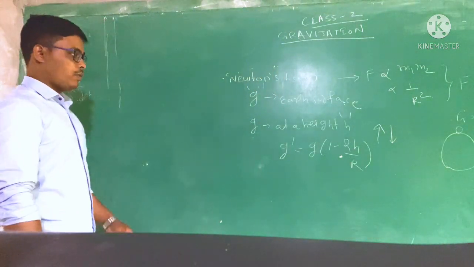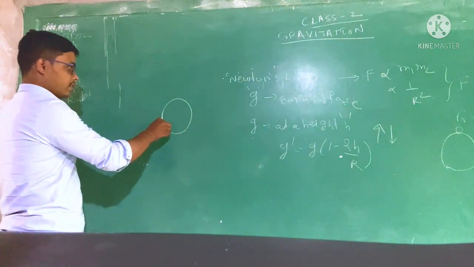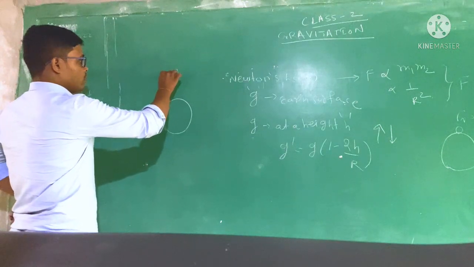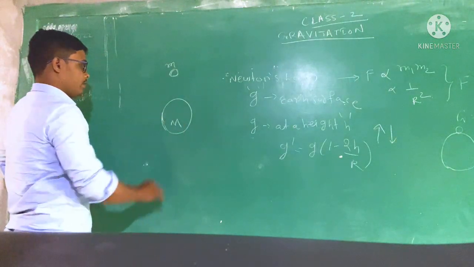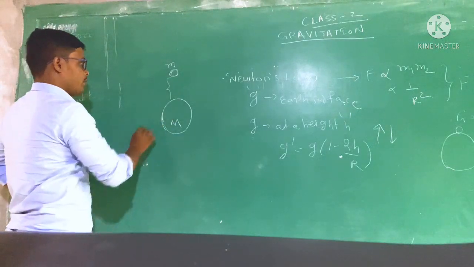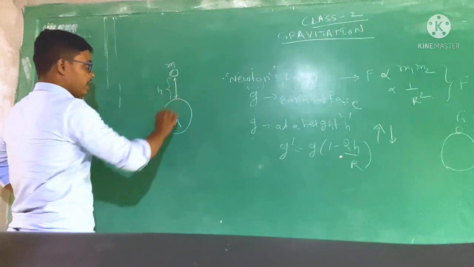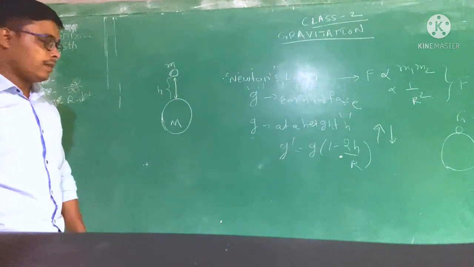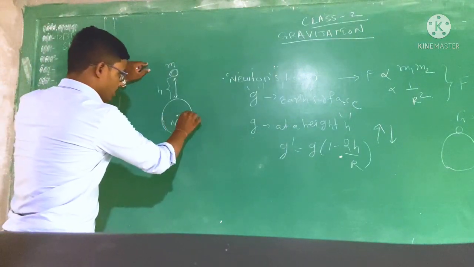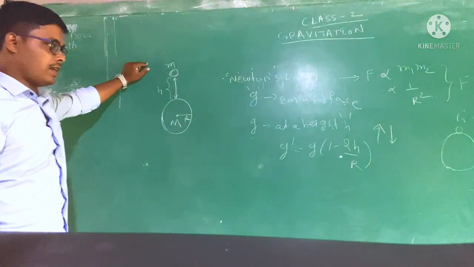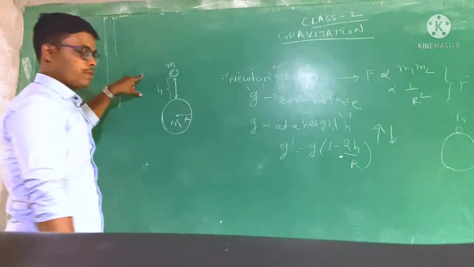If we recall the diagram, here the object had mass small m, and here the object had mass capital M. The distance between them was small h, that is, at a height h the object is situated. So r is the radius of the earth, and then this is the formula g dash is equal to g into (r minus 2h) by r.